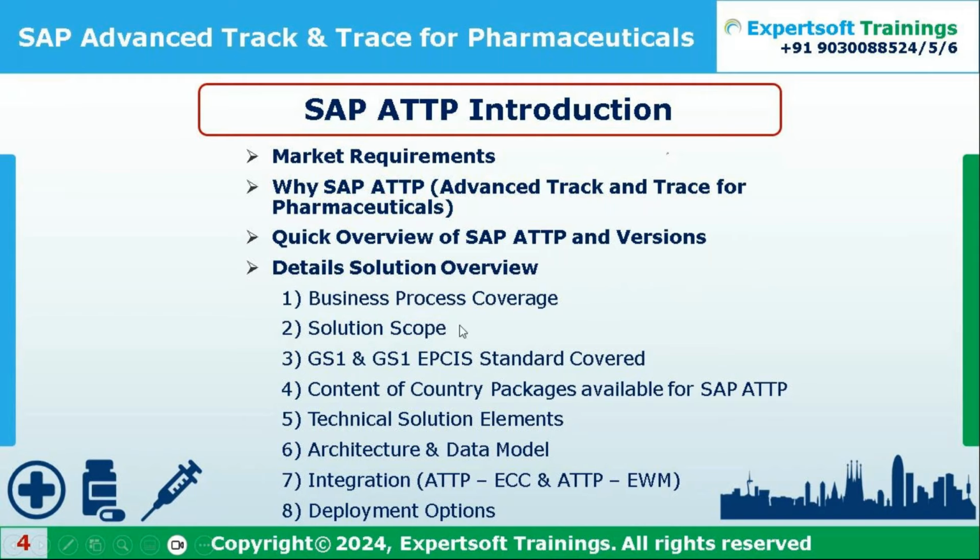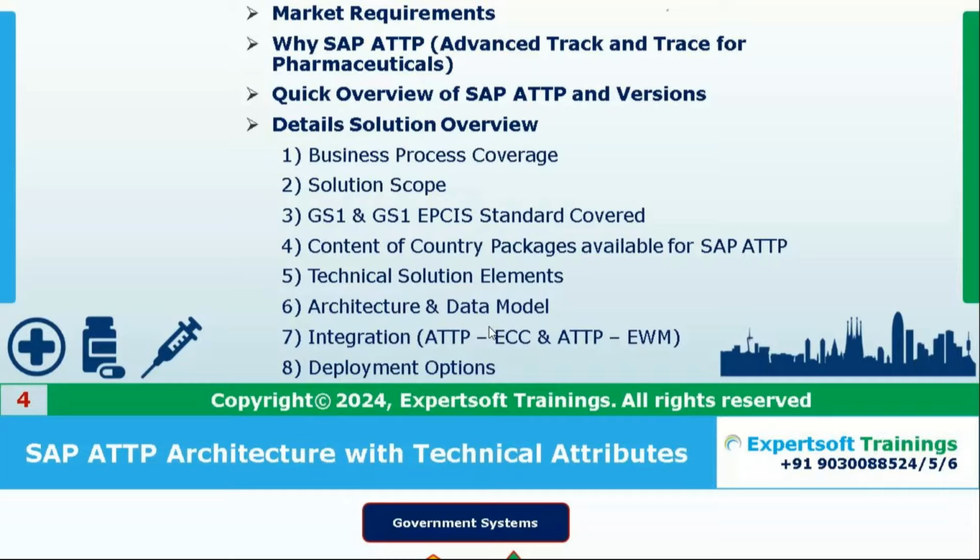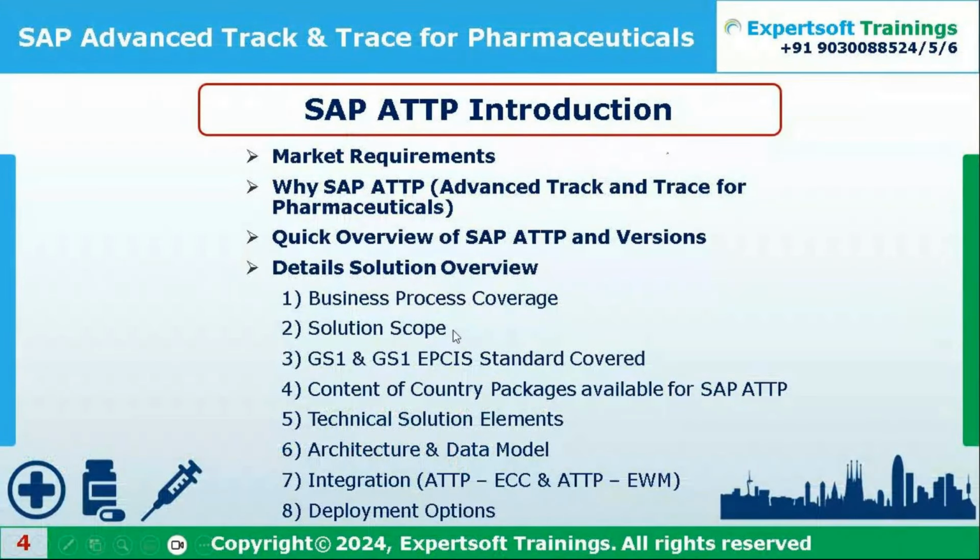Then solution scope. We will be learning all about ATTP, what is coming in, what is going out, and how all integrations work with SAP ATTP. During the training, I'll try to give you exposure to the integration of ECC, which is quite standard.